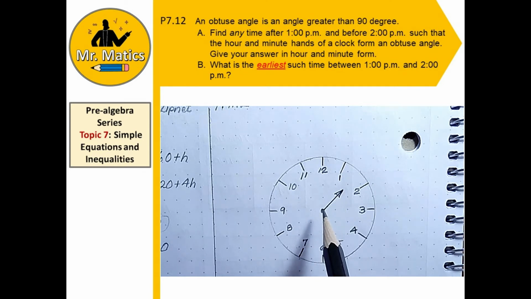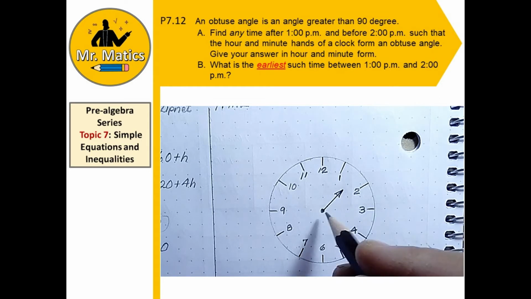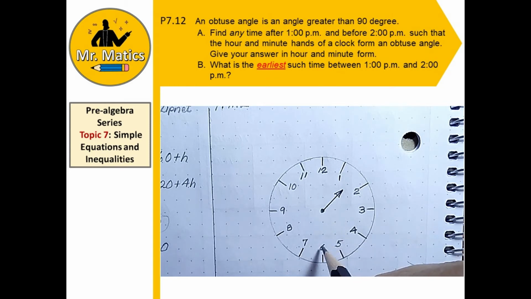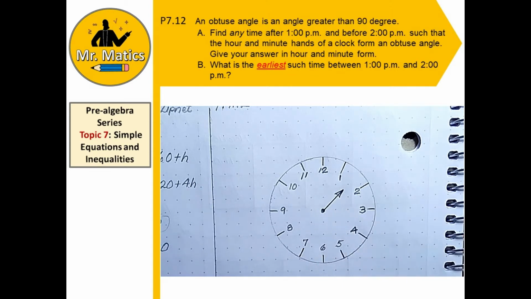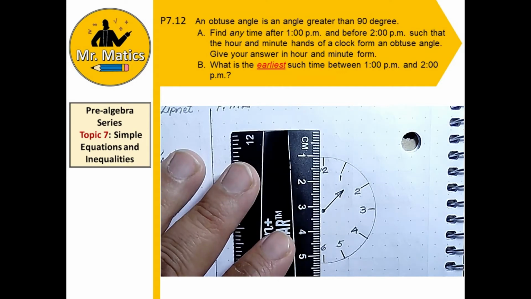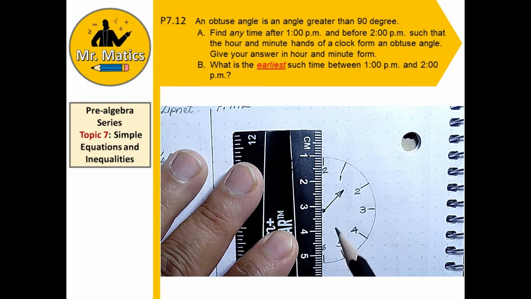Our angle is 90 degrees with this hour hand. So for example, if it is 1:30, I can have the minute hand pointing directly to this marking 6, and it will have to be more than 90 degrees. The first part of the problem is asking for any time, so that doesn't restrict us to a particular time period. It can be any time.